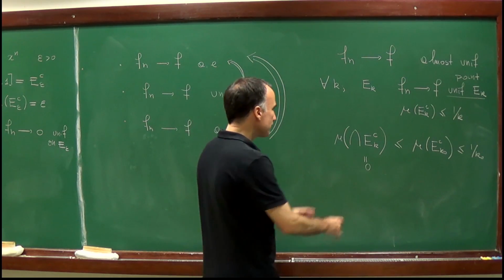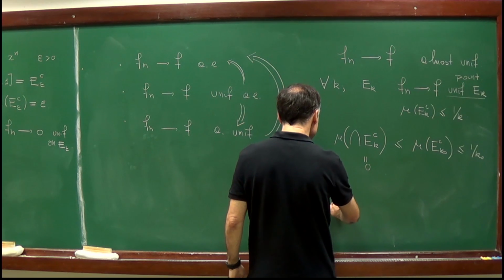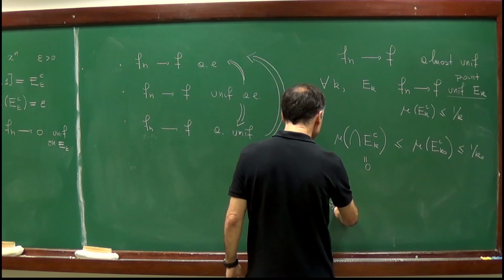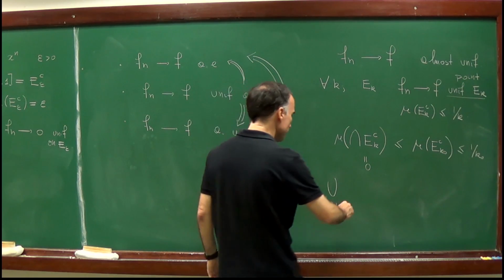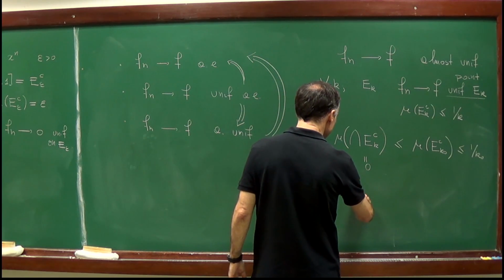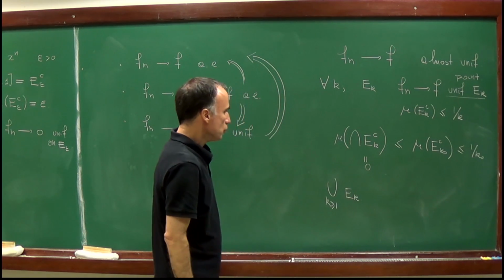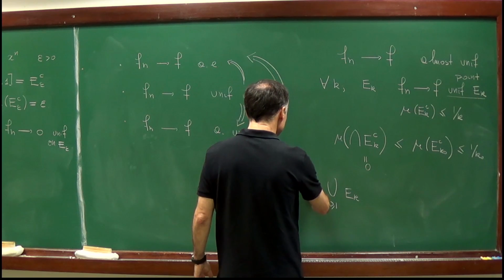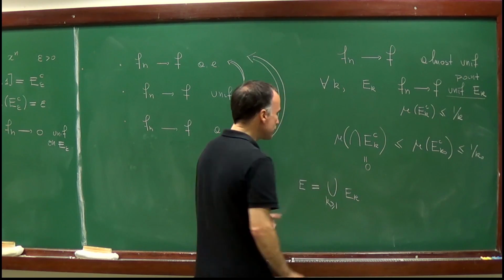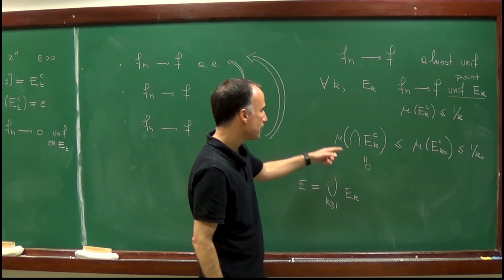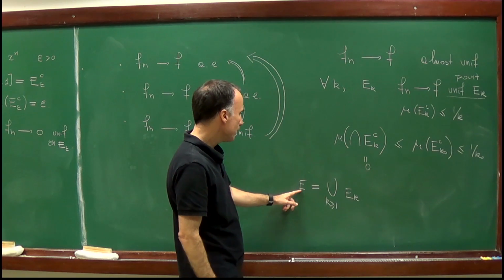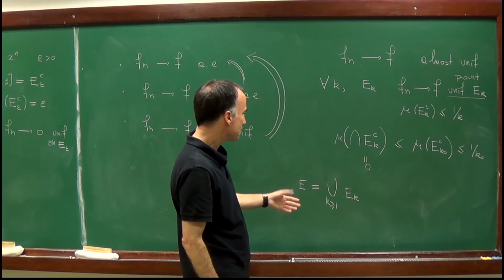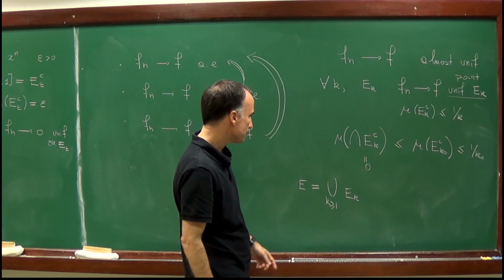On the other hand, if I take the complement of this set, this is the union over k of Ek. So let me call this set E. We just proved that E complement has measure 0. And on the set E, what I claim is that I have pointwise convergence.